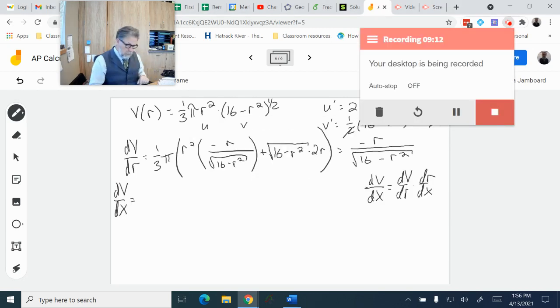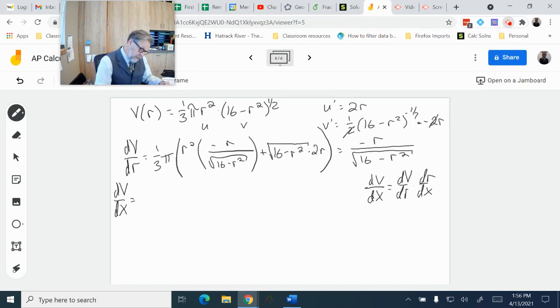Remembering the derivative of v with respect to x is equal to the derivative of v with respect to r times the derivative of r with respect to x. Chain rule.